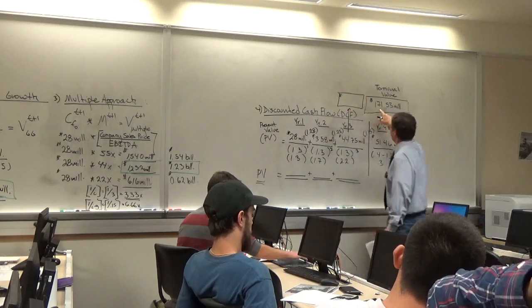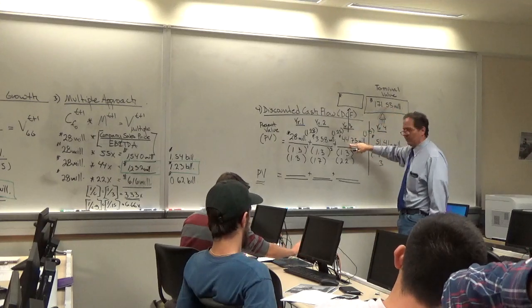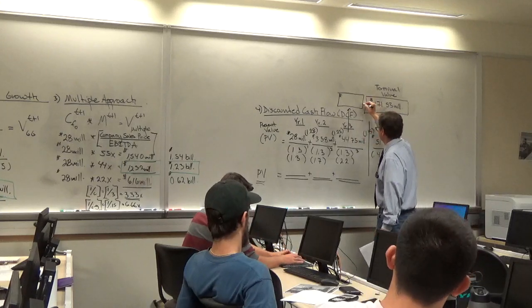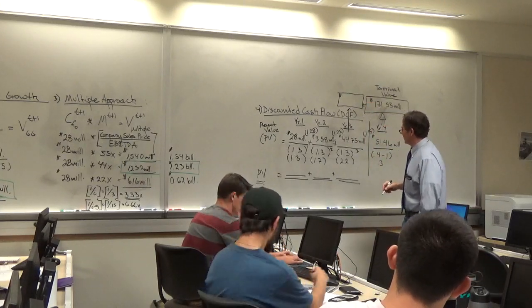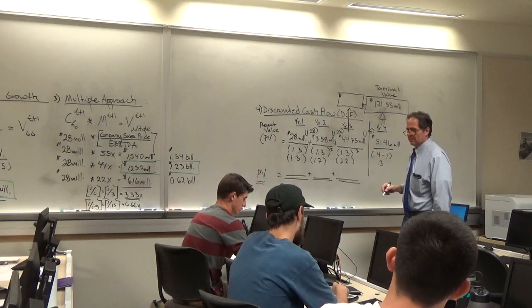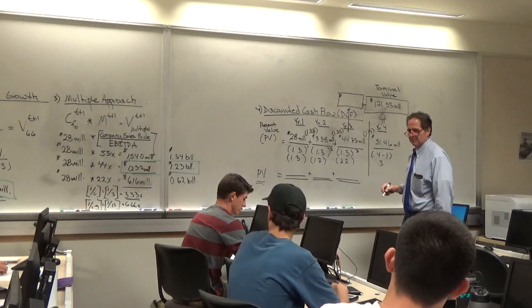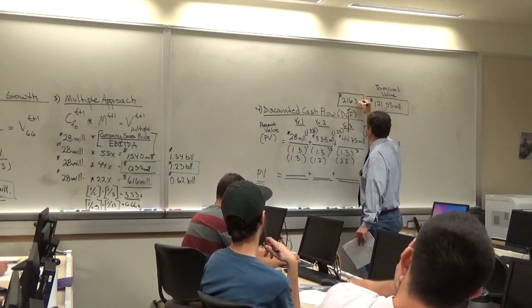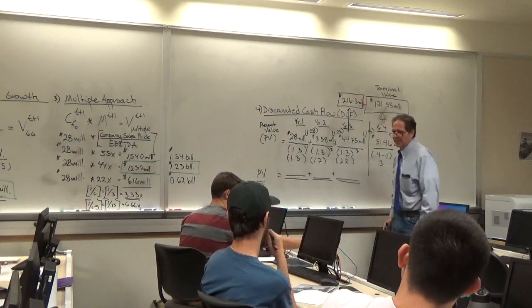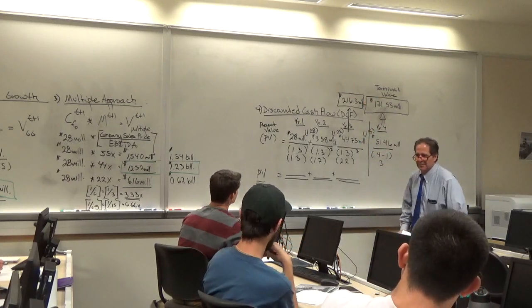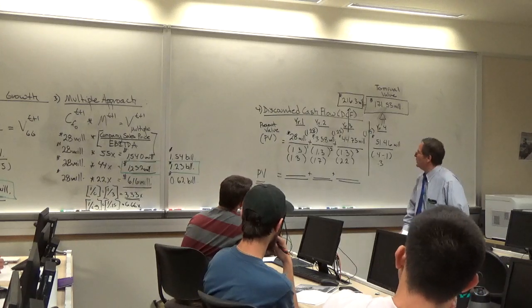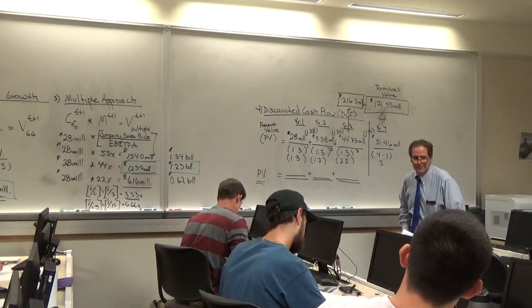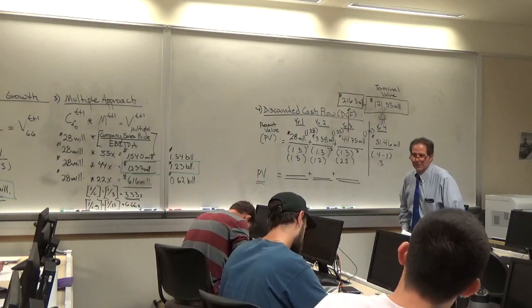Okay, so it's 171.53 plus 44.75. $216.28. 216.3, right? Is that right? Okay, cool. Okay, now what do I do with that? What's the model called?